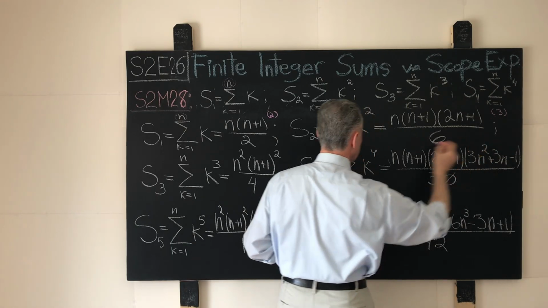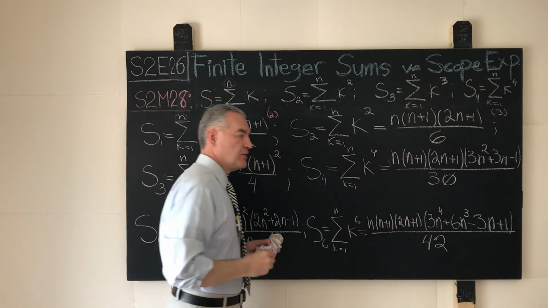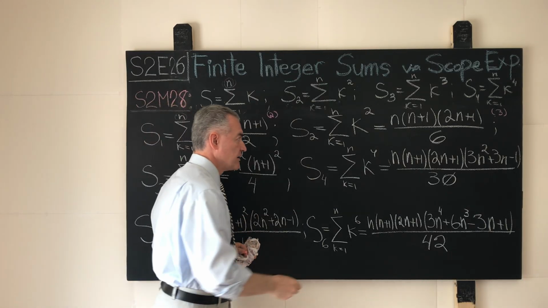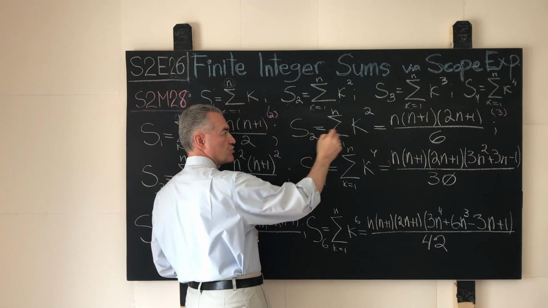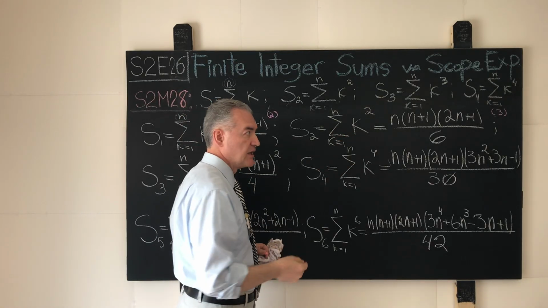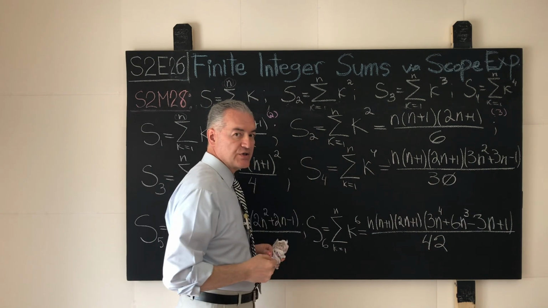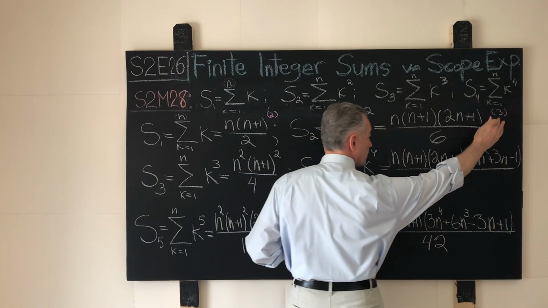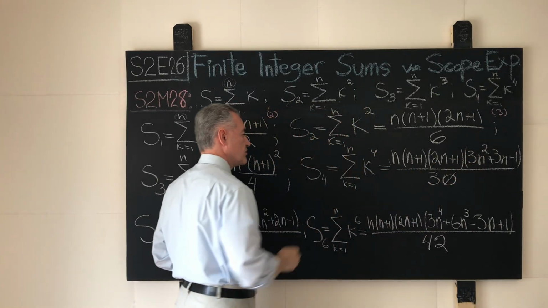Well, the number 3 is 2 plus 1. Again, we can say that, in somewhat perhaps vague way, the alternative expression for the sum S2 shown over here can be expressed as a polynomial in n of order 3. 1 plus 2 is 3.